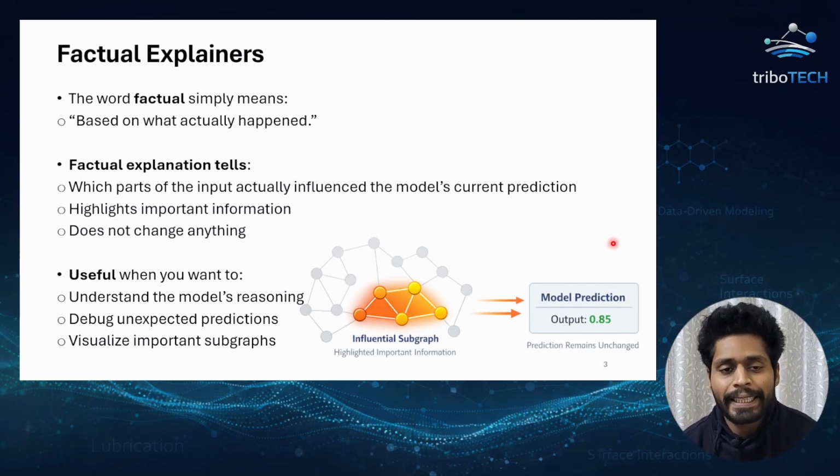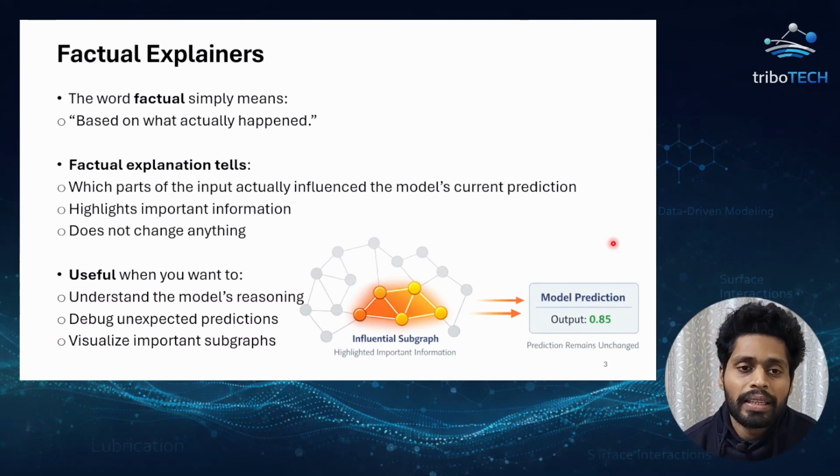So the new thing is that they do not change anything in the graph, right? So you will soon understand what point I am making here when I go to counterfactual explainers. So basically, what you can keep to yourself right now is that factual explainers highlight important information from the graph that influences the model's prediction, but they do not change anything in the graph, right?